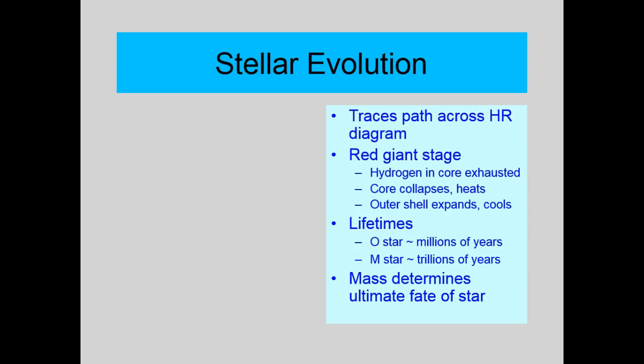No more nuclear fusion blowing out. So what happens now? Gravity takes over. Dynamical equilibrium is lost. Gravity takes over and collapses into the core. I mean, everything into the core. Now, guess what that does? All that pressure, temperature, and everything heats it up like crazy.